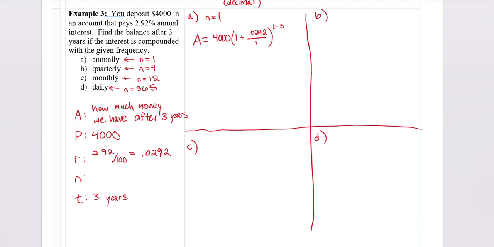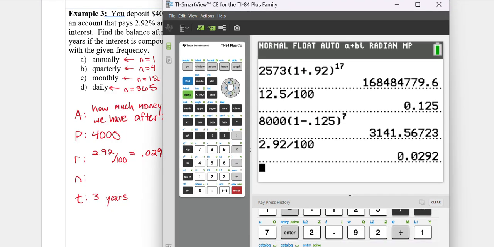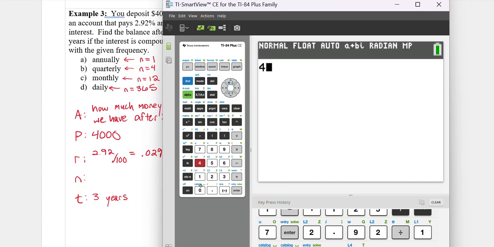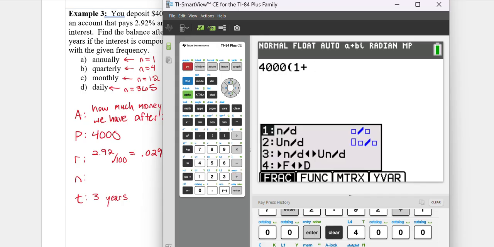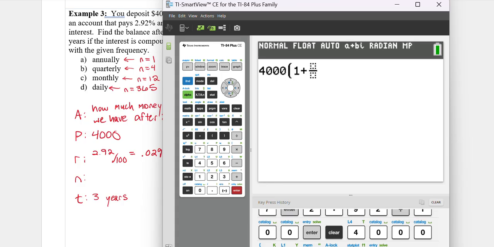So let's go ahead and plug that in our calculator. So 4,000 first, then a parenthesis, 1 plus, now we need to use our fraction key. If you remember how to use that, it's alpha y equals, enter. So this is 0.0292 over 1.